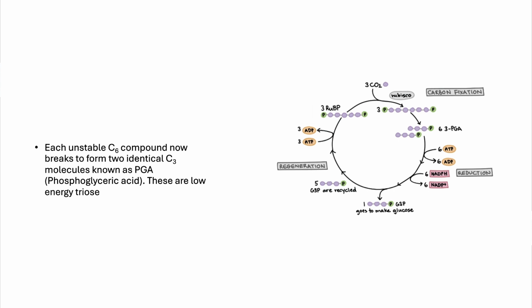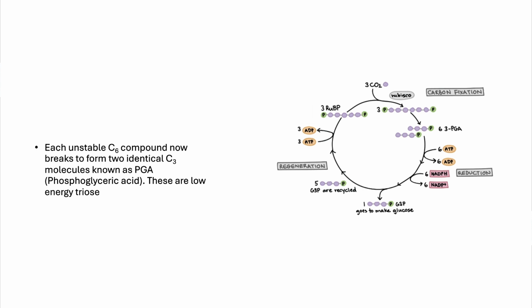A PGA is 2 C3 compounds. So basically, we're having 6 of 6-carbon compounds. So in total, it will be 36. This process must happen 6 times. So if you have 6 times 6 carbons, it's going to be 36 in total.